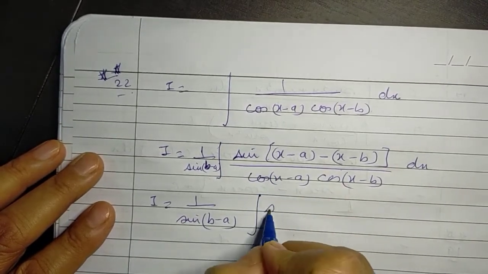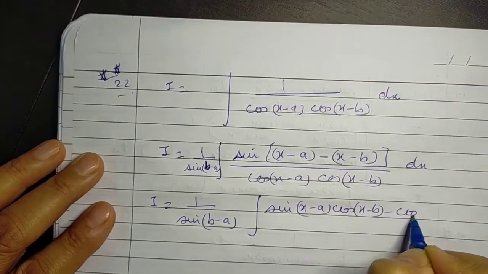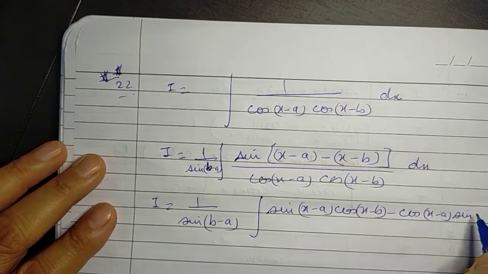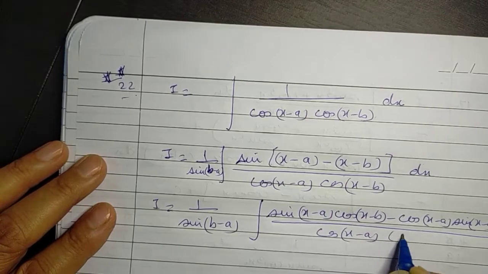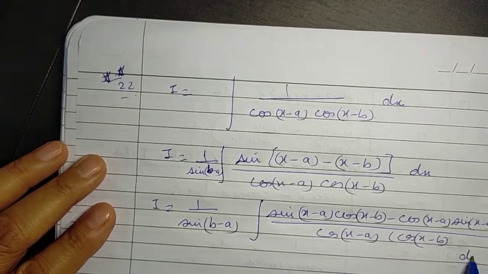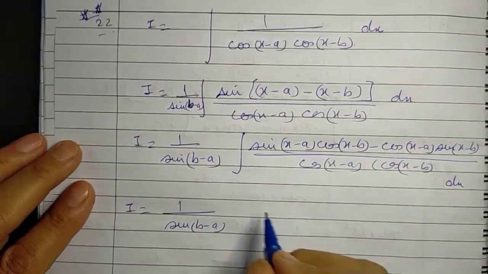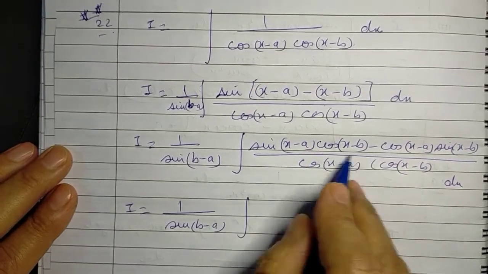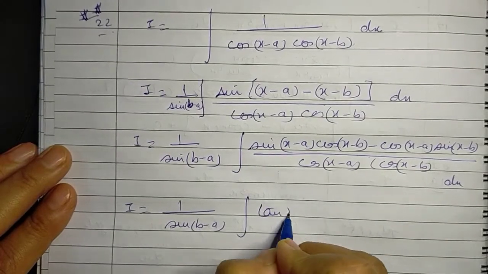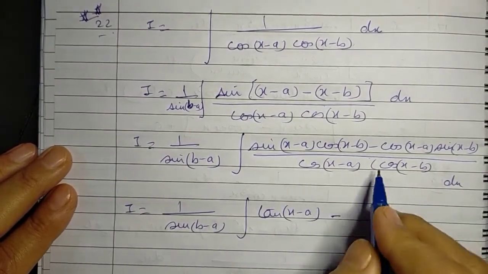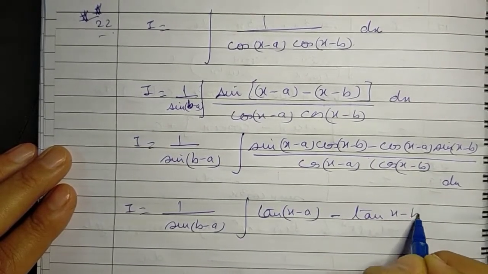Now I can expand this as sine x minus a cos x minus b minus cos x minus a sine x minus b, whole upon cos x minus a cos x minus b, whole into dx, and the denominator sine of b minus a. Now split open the numerator: cos x minus b gets cancelled, I am left with tan x minus a, minus, here cos x minus a gets cancelled, I am left with tan x minus b.